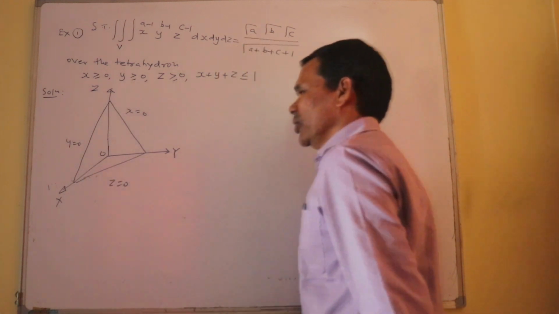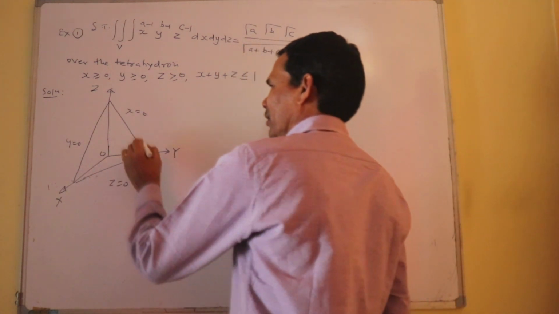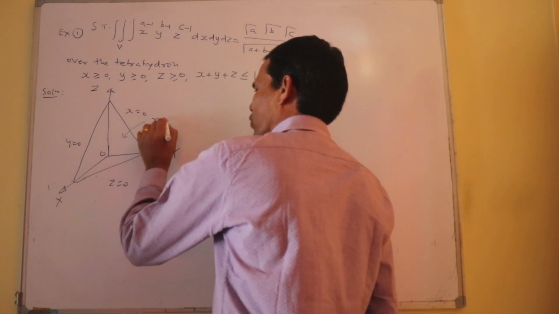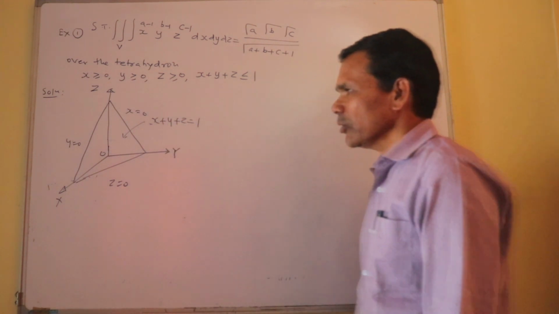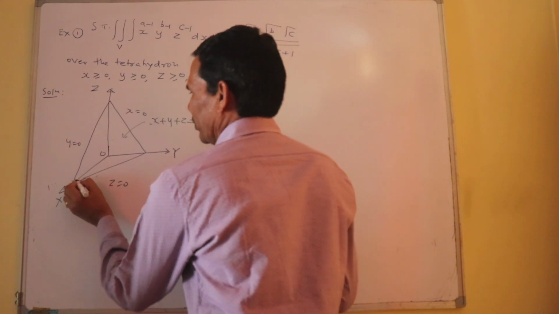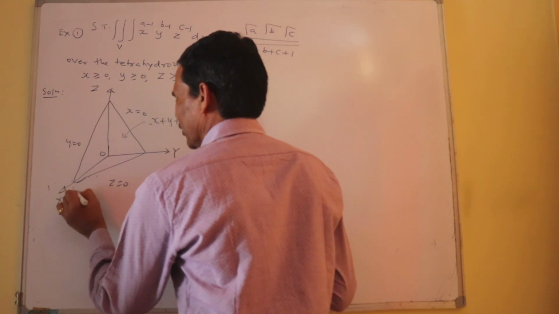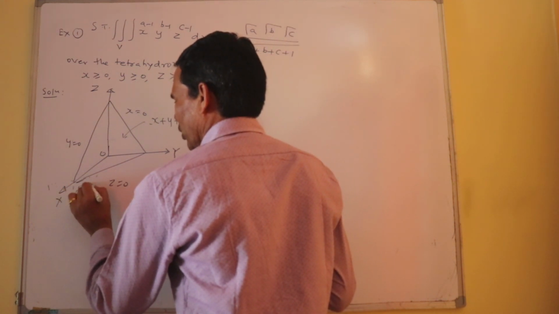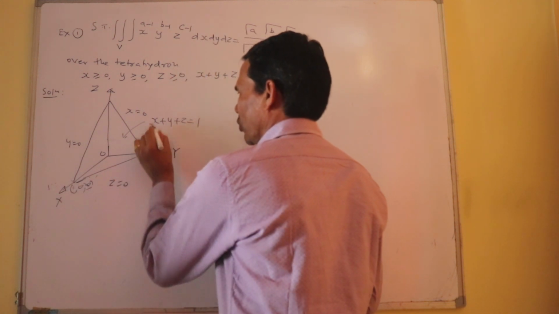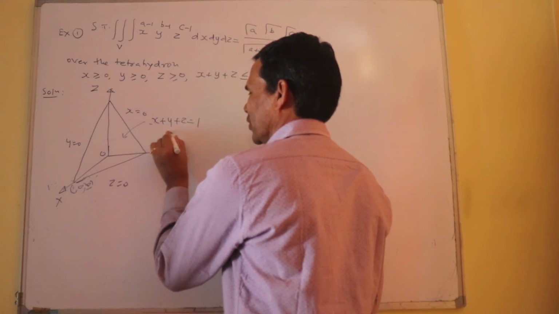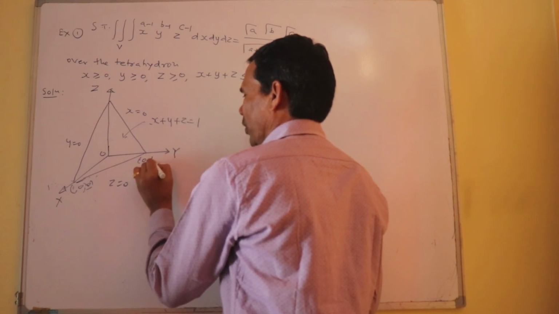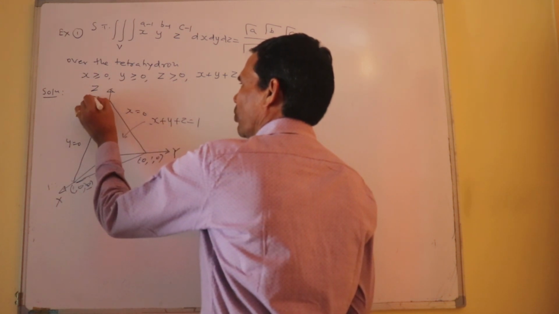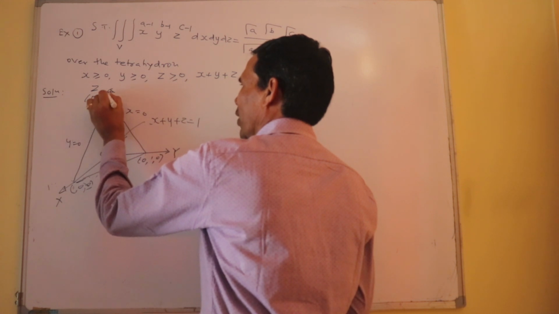This is the origin over here. And this is your plane x plus y plus z is equal to 1. The coordinates of this point are naturally 1, 0, 0, because y is equal to 0, z is equal to 0. This plane is cutting the y-axis, so x is equal to 0, z is equal to 0, meaning 0, 1, 0. The coordinates of this point are 0, 0, 1.